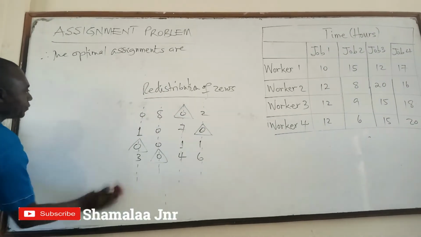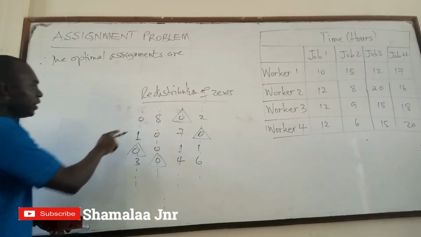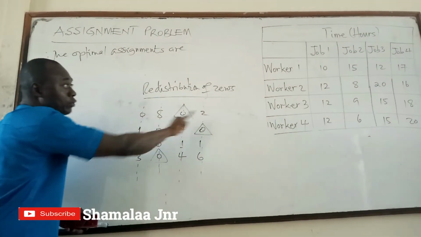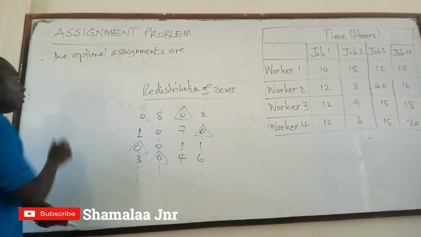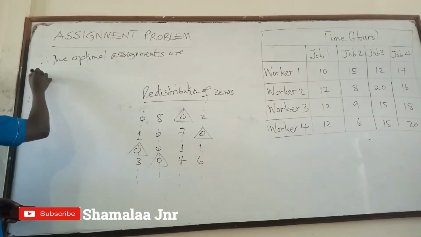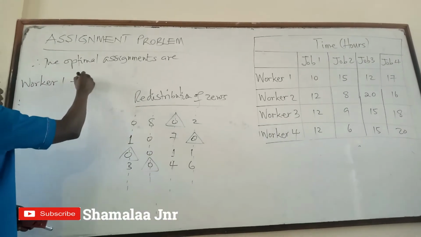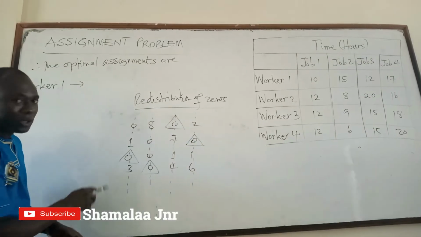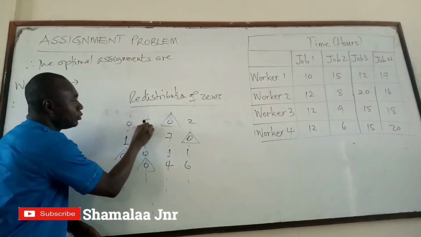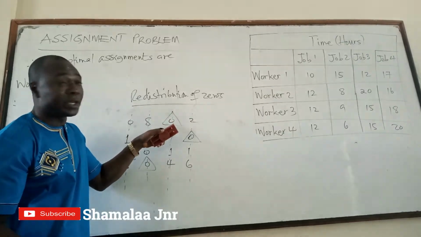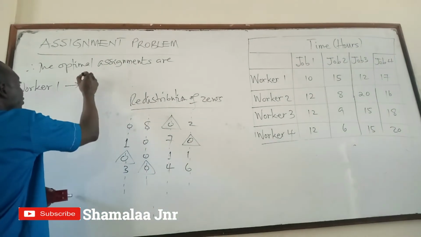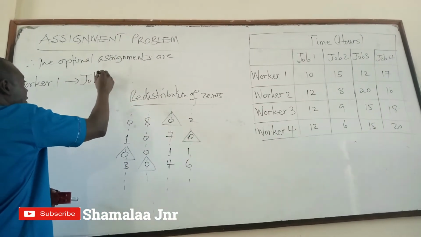Now look on the board. These are the optimal assignments. What it means is, you see that the first row corresponds to the first worker. So worker 1 will take which job? Look at worker 1. 1, 2, 3. Worker 1 will take job 3.